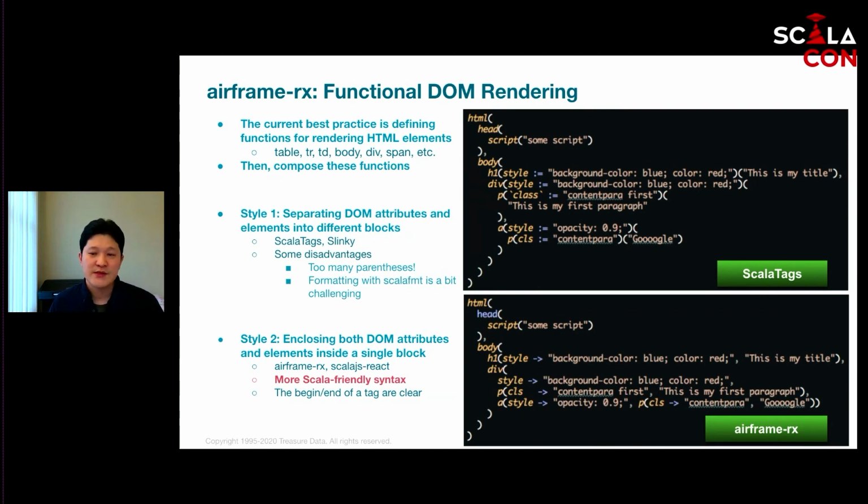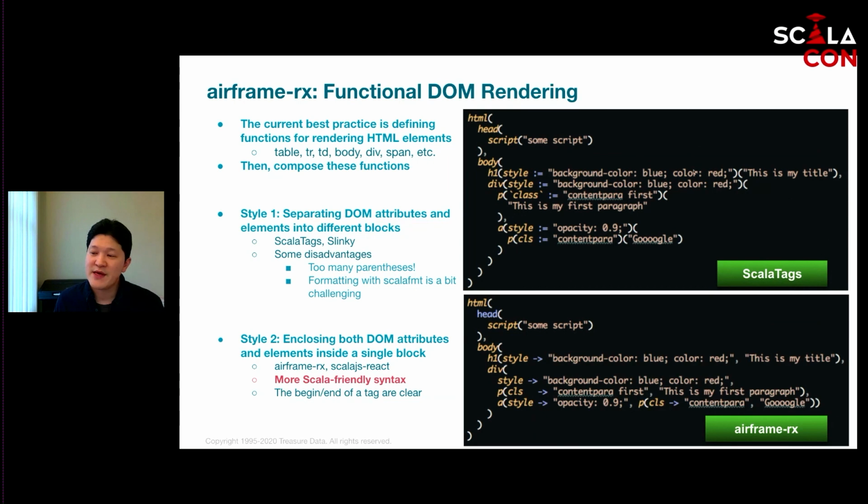And for doing so, Scala has 2 major streams. One is separating DOM attributes and elements into different blocks, like in Scalatags. The upper part of this code is an example of Scalatags, where, for example, the H1 element has 2 blocks.